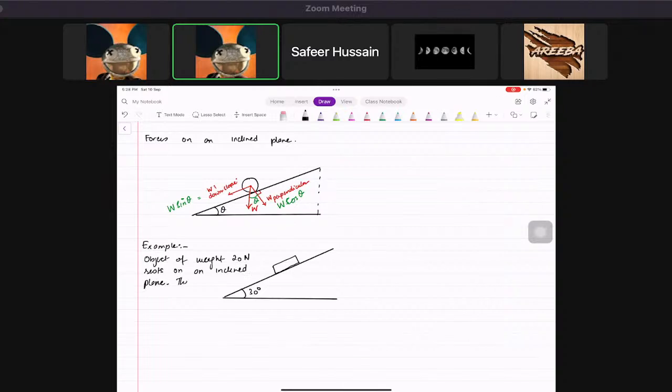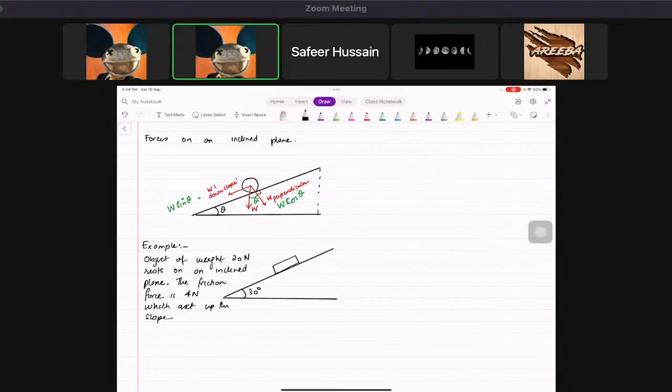Says the friction force is 4 newtons, which acts up the slope.